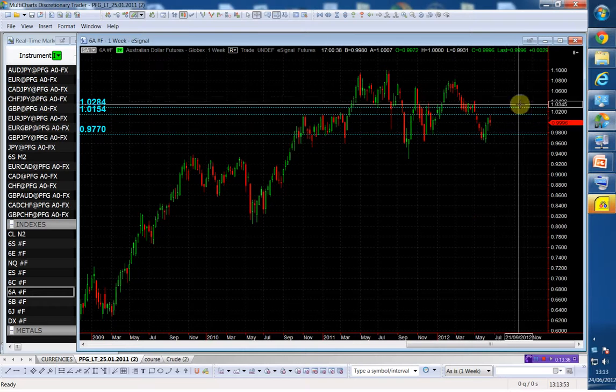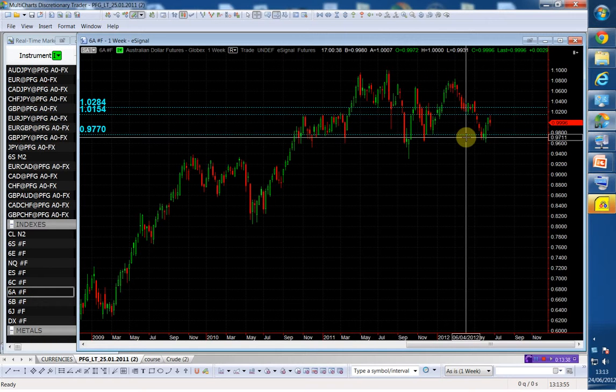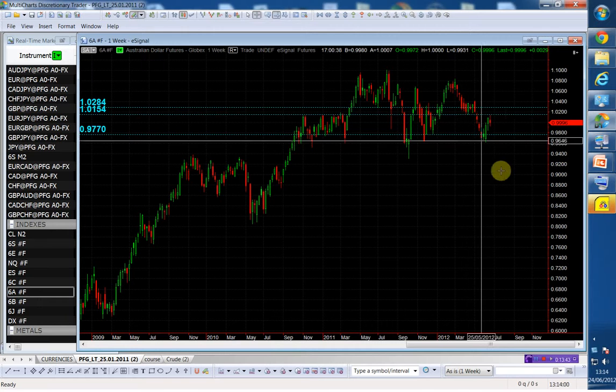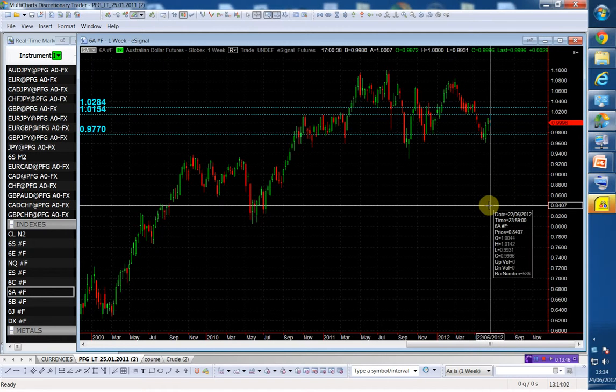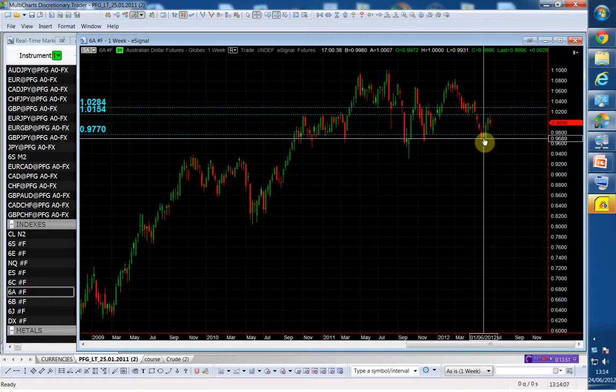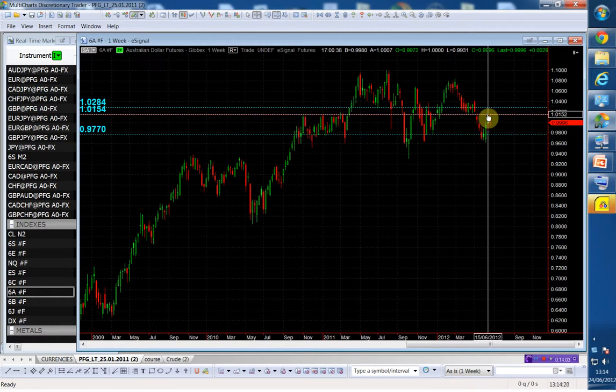And technically it is kind of weak because we do have a minor structure at the 101.54. The high of the week was 101.42, which was the retracement from the 97.70, and we could not trade above the 101.54. That is an indication that it has moved from one structure point to the other. It has failed. The commitment to the upside thus far is not that strong, and therefore the market has reversed and sold off.